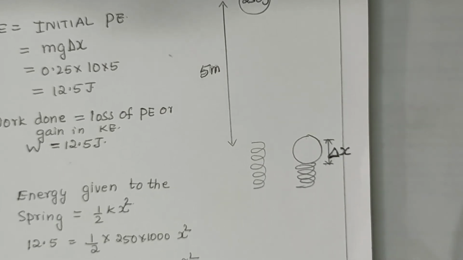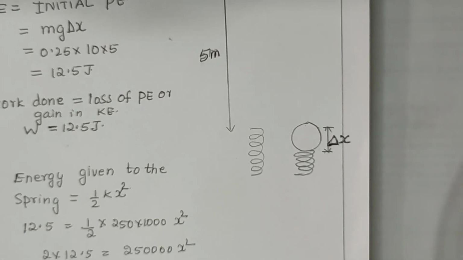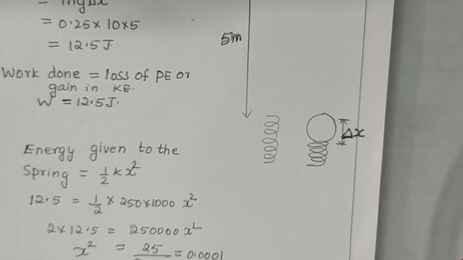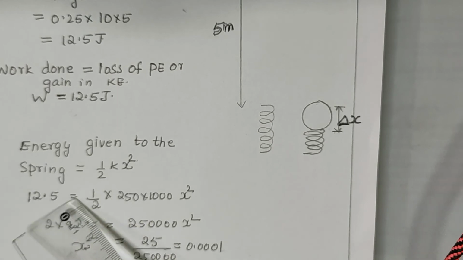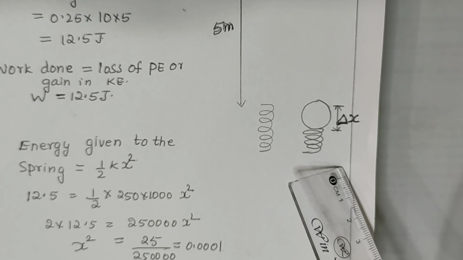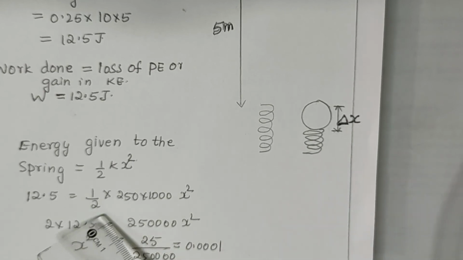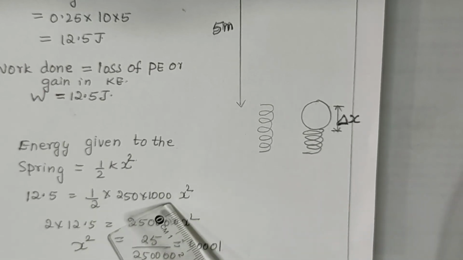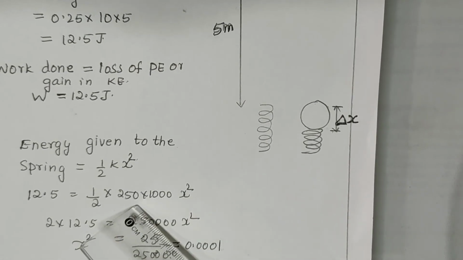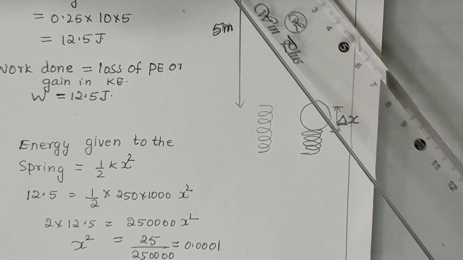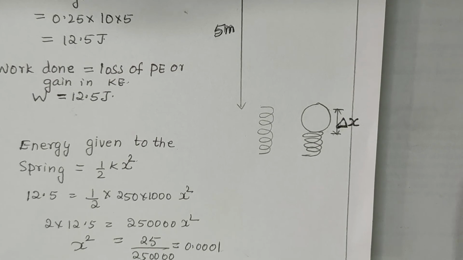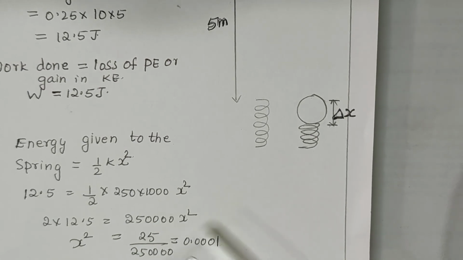So the third part of the question, we have the spring constant 250 kilonewton. We also know that energy given to the spring is half kx square. So we have 12.5 joule is the available energy of the object which can be transferred to the spring, which is equal to half into 250 into 1000 into x square. Now why is this 250 into 1000? The spring constant given is 250 kilonewton per meter.